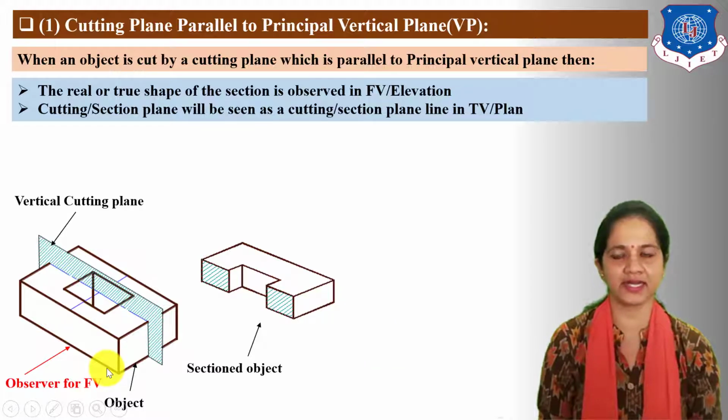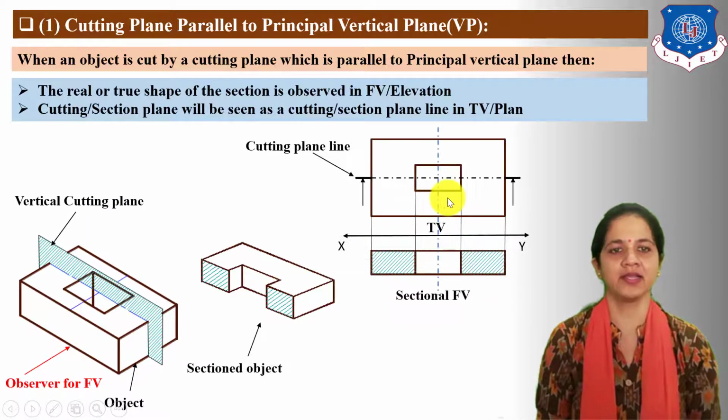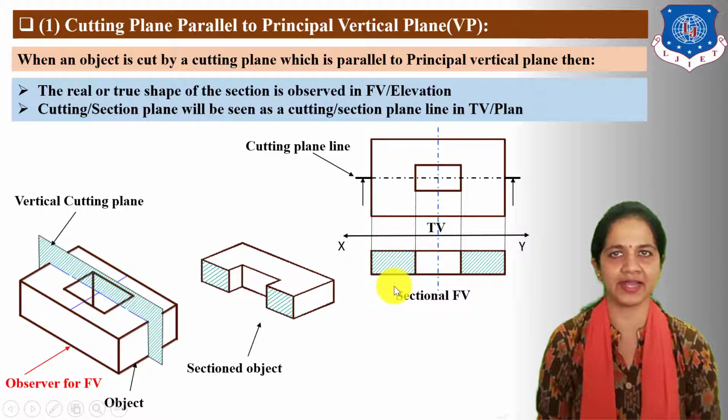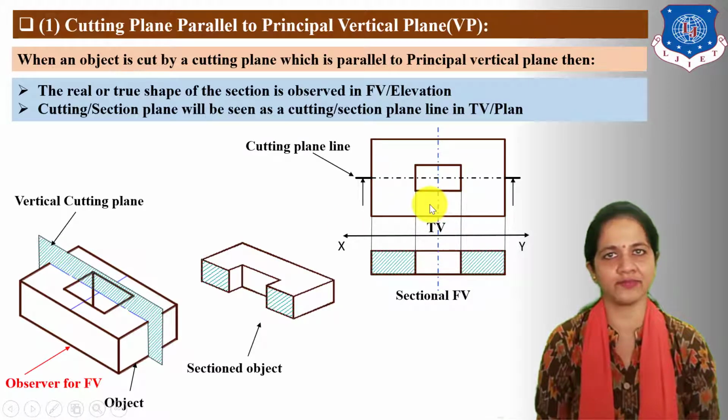Next, let us understand the sectional orthographic projection of the front view and top view with reference to XY. Here, the top view is drawn above the XY line and the sectional front view is drawn below the XY line. So, here I have applied the third angle projection method. Here you can see the top view is not affected by the cutting plane.